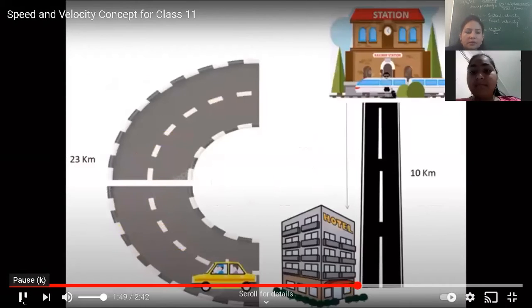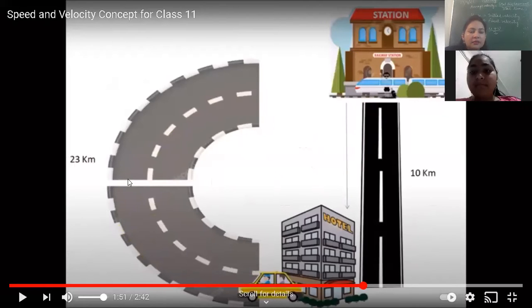Let us understand this statement through this animation. So this is the station, and this cabman took him along a circular path and reached the hotel. But on the right hand side, you can see a straight road. So who will tell me how much is distance in this case and how much is displacement in this case?